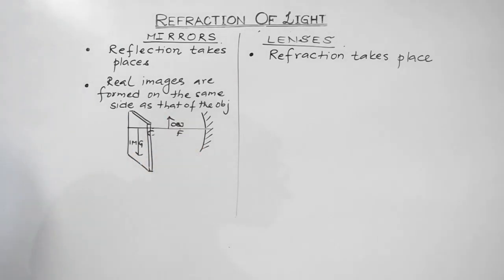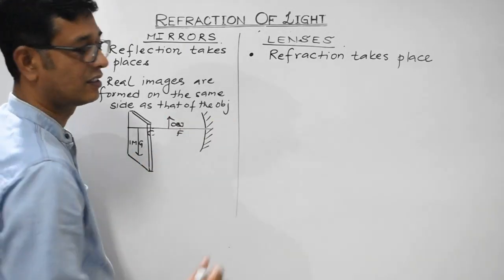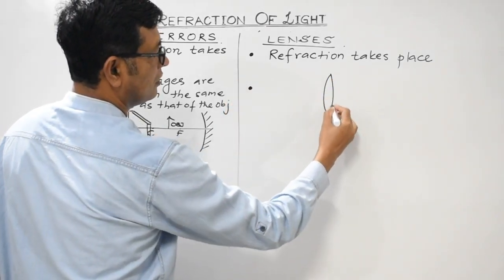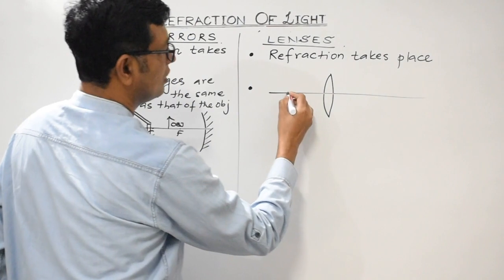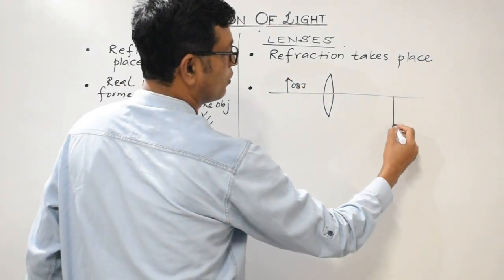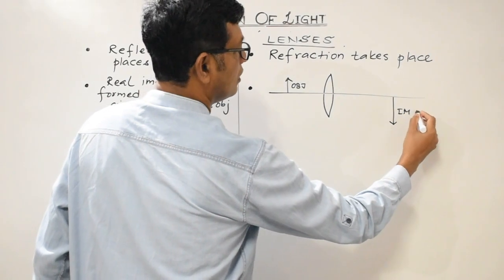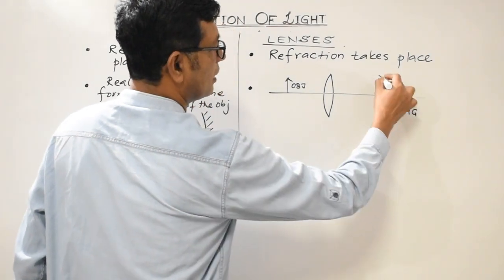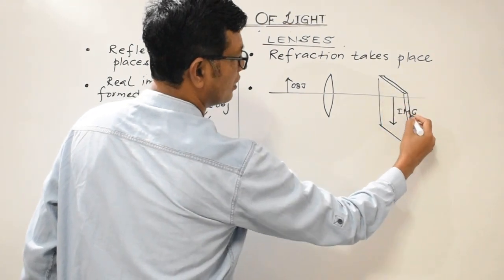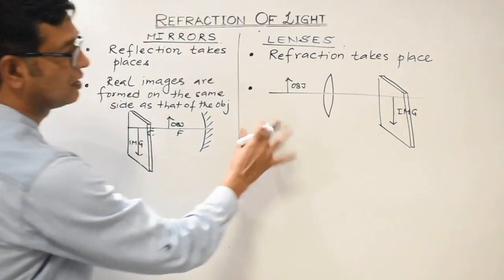Is it clear? While in the case of lens, this is a lens. Suppose here object is placed. So in case image is formed over here, then a screen can be placed over here and this image can be obtained on the screen. So I hope you have got the basic difference.